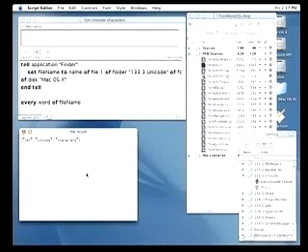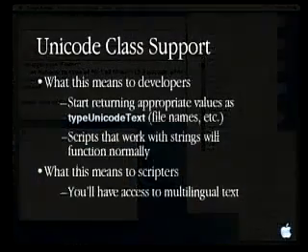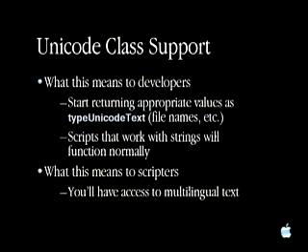For scripters, the main effect is first that your scripts that manipulate Finder file names from 9 will work on 10 even though 10 is returning a completely different data format. And that you will now have access to multilingual text regardless of what language your machine is set to.